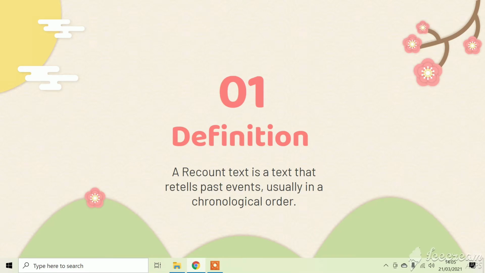It means the events are given in order based on the time, which one happened first, which one happened second, and then next after that, something like that. Okay, based on the definition here, we understand now that the recount text is a kind of text that retells past events, usually in chronological order.